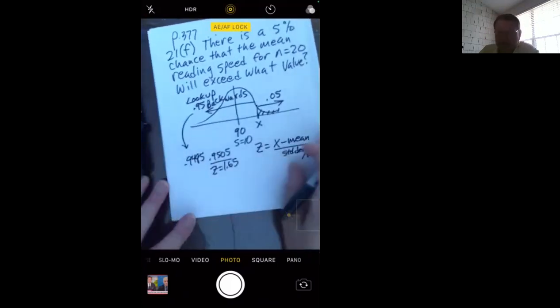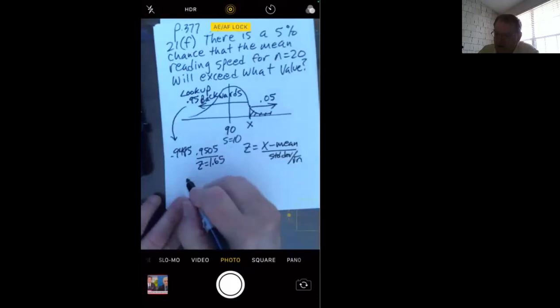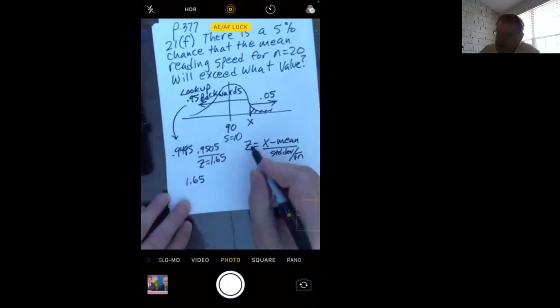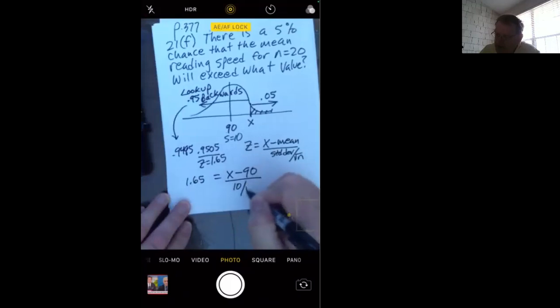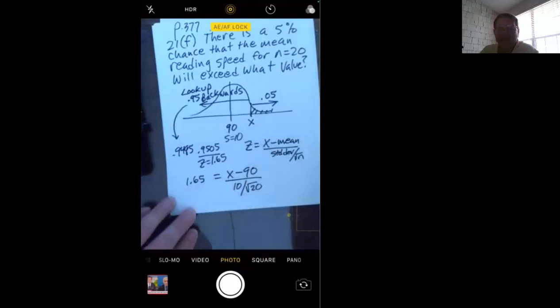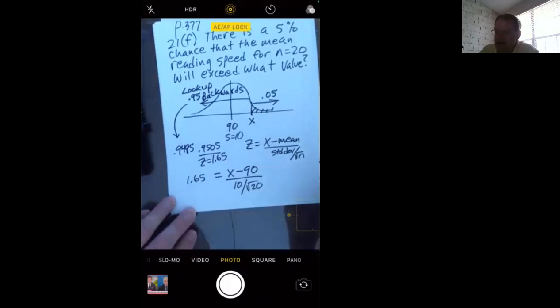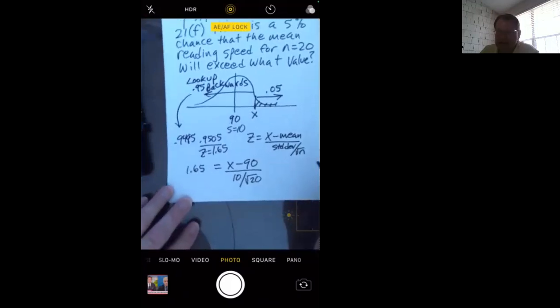So that means my 1.65 for z equals x minus 90 divided by 10 divided by the square root of 20. I'm going to multiply both sides by 10 divided by the square root of 20, and then add 90.